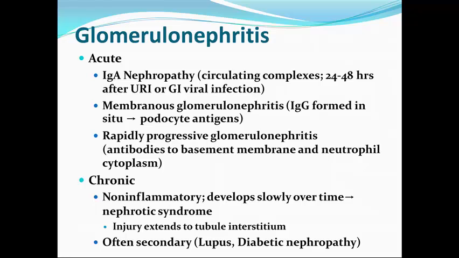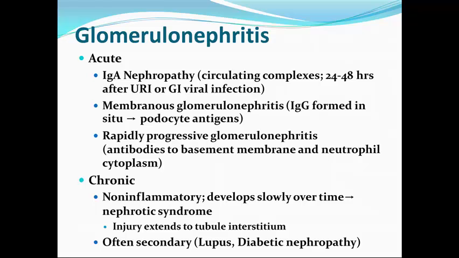And there are three that I would like to call your attention to: IgA nephropathy, membranous glomerulonephritis, and rapidly progressive glomerulonephritis. With an IgA nephropathy, you have circulating complexes that come in contact with that glomerulus, and then they cause a proliferative glomerular injury and sclerosis.